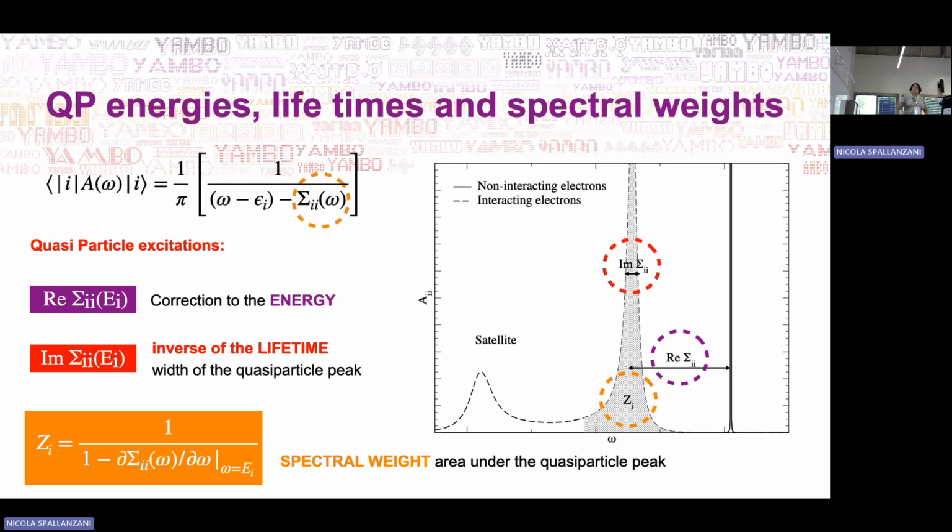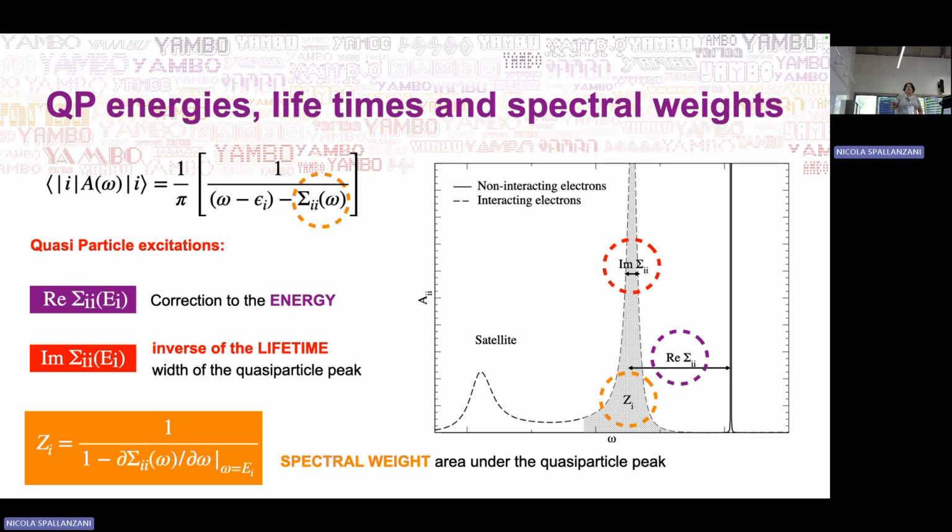And because this self-energy is frequency dependent, we'll have these extra structures that we call satellites, and this renormalization factor Z, that is related precisely with the dependence of the self-energy on the frequency, gives us the spectral weight, so the area below this peak.